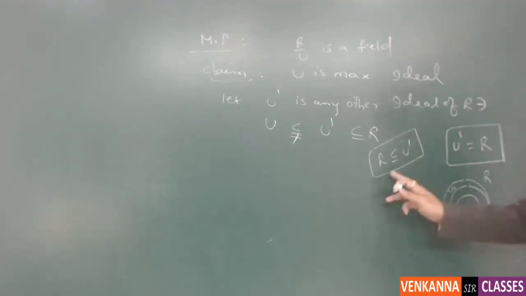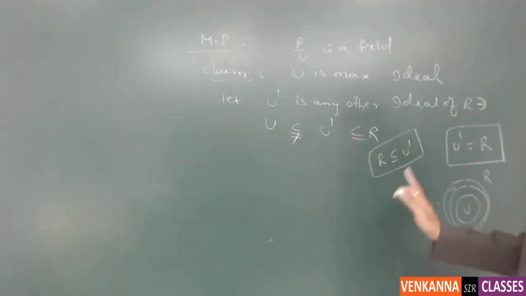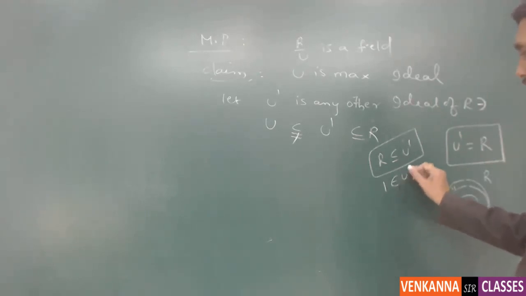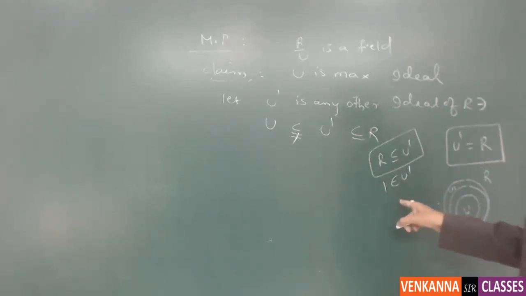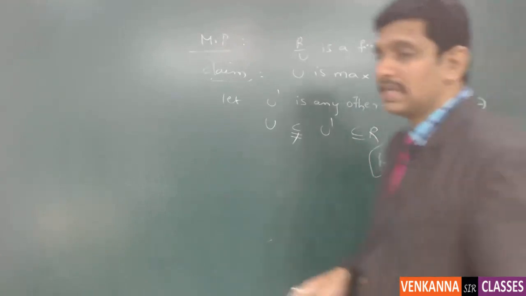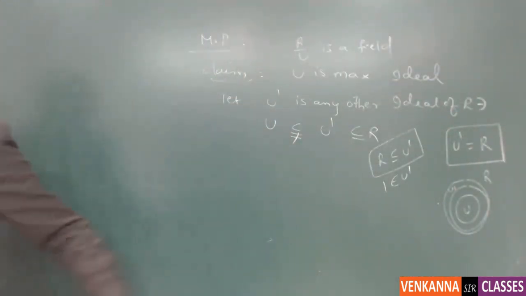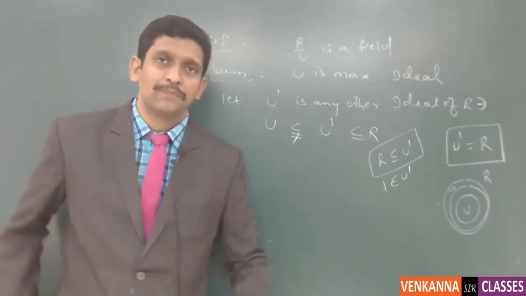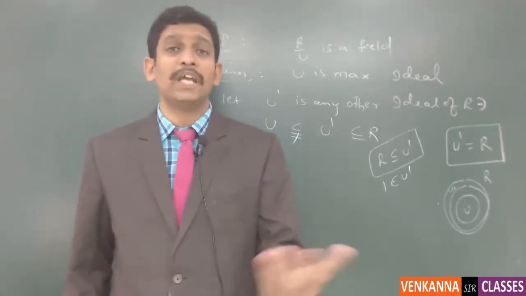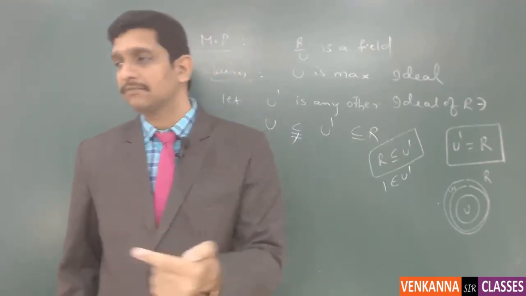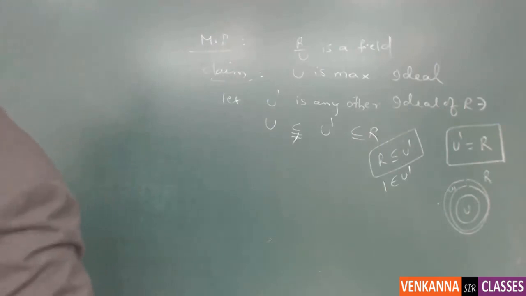So for this, it is enough if you just prove that the element 1 belongs to u dash. Because in the previous class, we have proved that a field has no proper ideals. At that time, I derived this context. The field will be equal to the ideal if the unity element belongs to the set. Can you get the idea? We proved that part in the previous class.